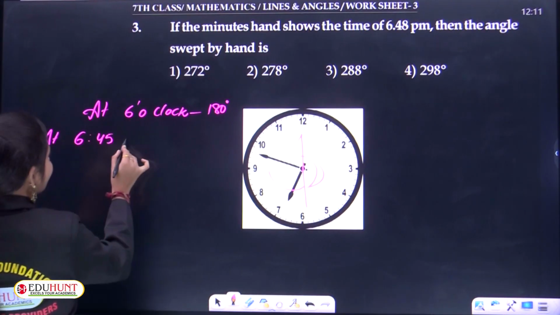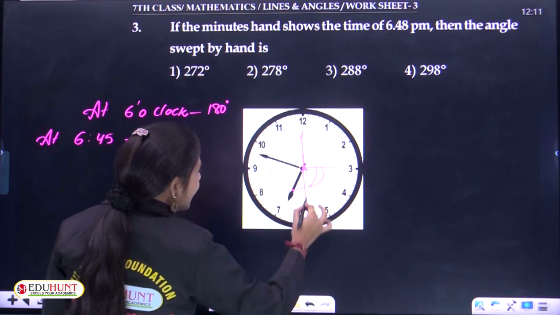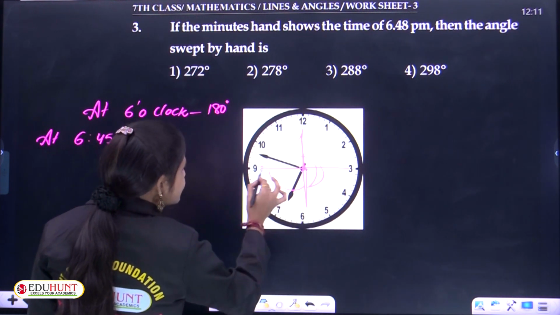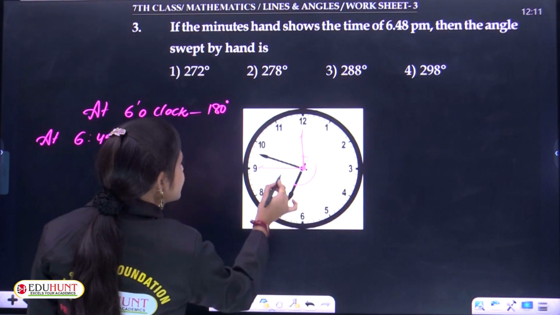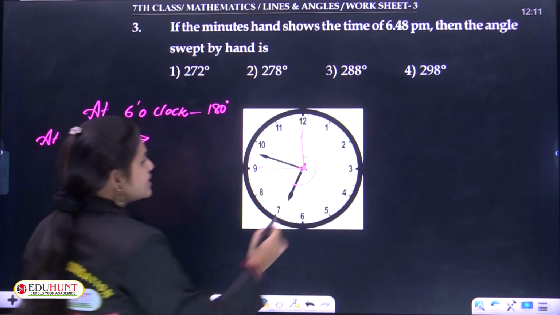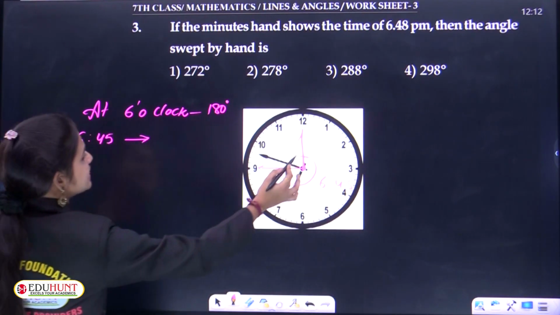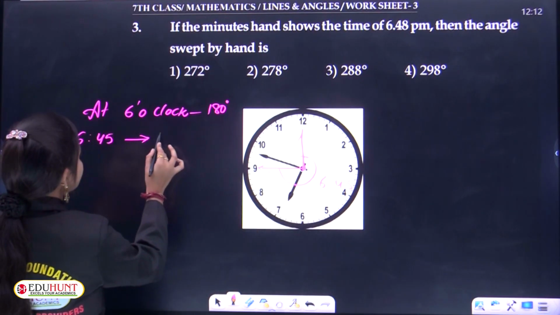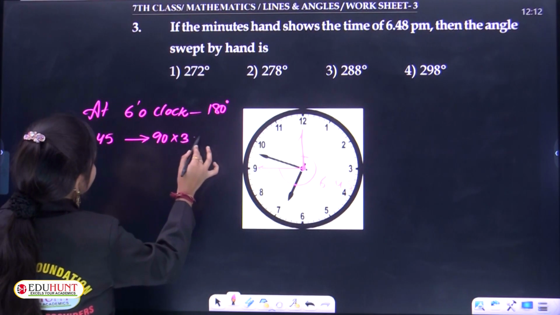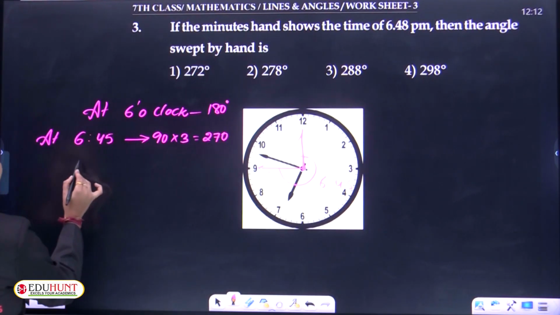At 6:45 the angle is 90, 90 and 90, which is equals to 90 into 3 is equal to 270. Okay, plus 3 minutes.